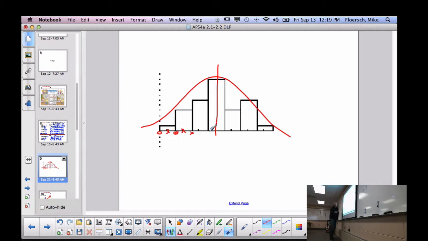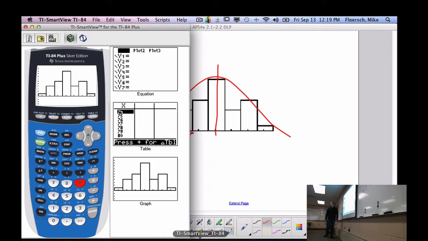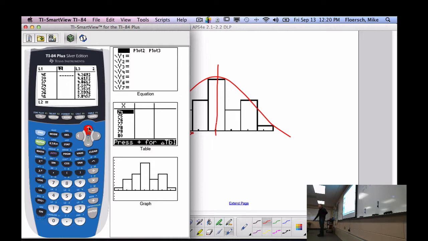Okay, so that was in feet, right? I want to convert it. So let's go to stat, edit, go to list 2, clear it out. Follow along with me on this one, because this is where some people will be like, oh, cool. It'll help. I want to convert this. Instead of going back and multiplying each of these, it's plus 24, right?